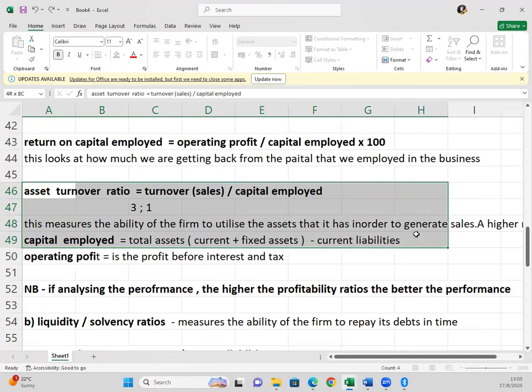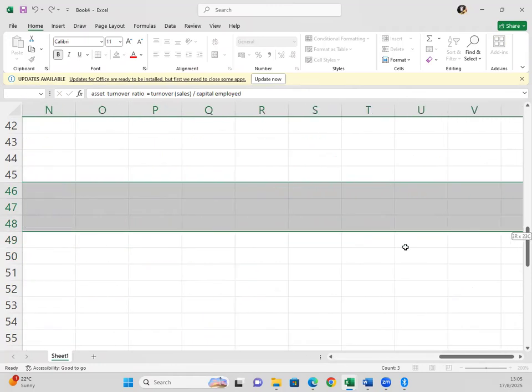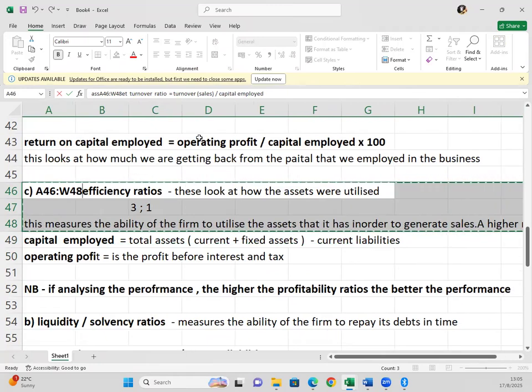So, for this one, let's include it under efficiency.